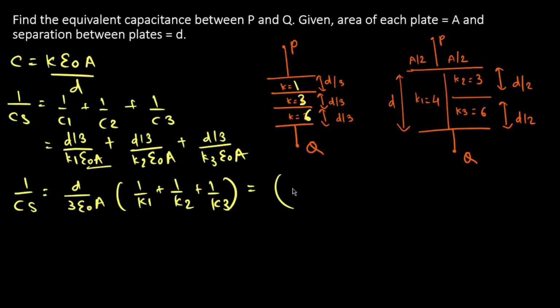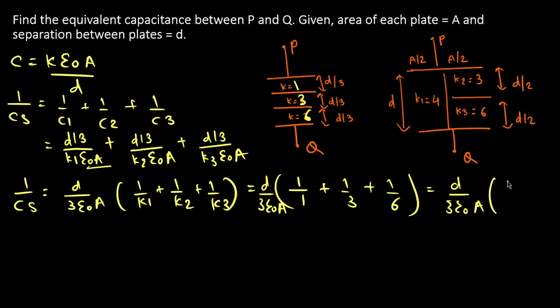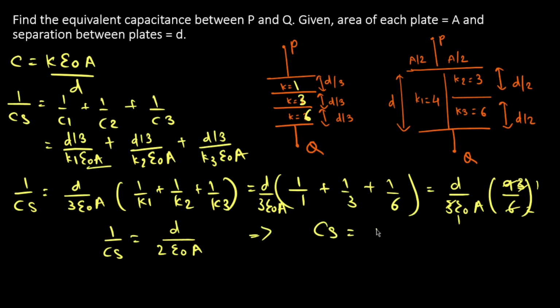So this will be 1 by 1 plus 1 by 3 plus 1 by 6, and outside is D by 3 epsilon naught A. Solving this, we get 1 by Cs equal to D upon 2 epsilon naught A, which implies the equivalent capacitance Cs is 2 epsilon naught A by D.